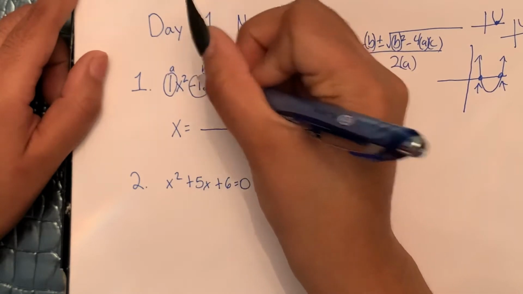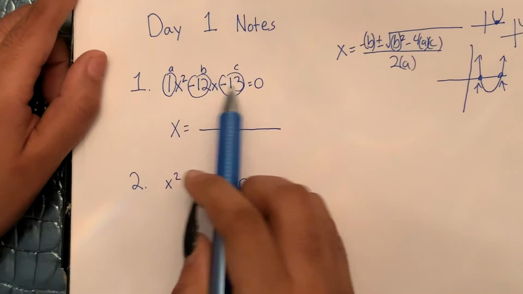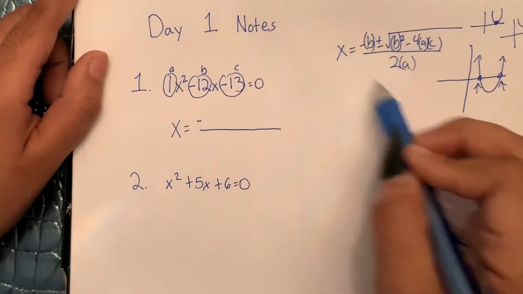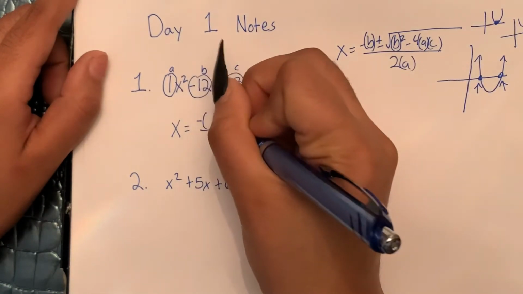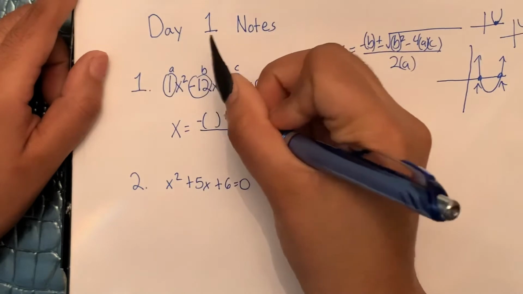B is negative 12. C is negative 13. Make sure you circle the negative signs with it. So I have negative from my quadratic formula, B. Anywhere there is an A, B, or C, we're going to use parentheses to set it up.